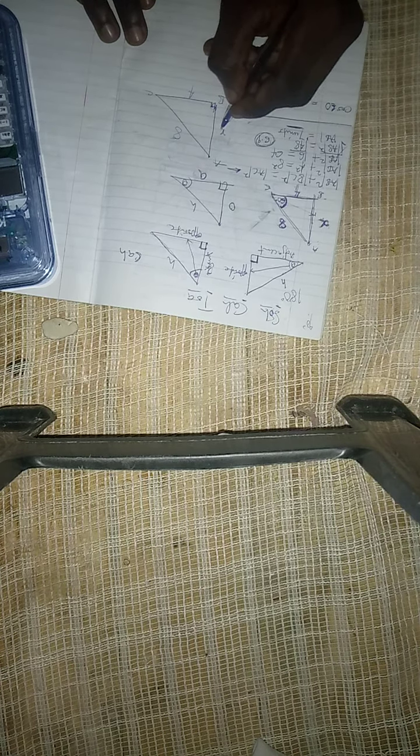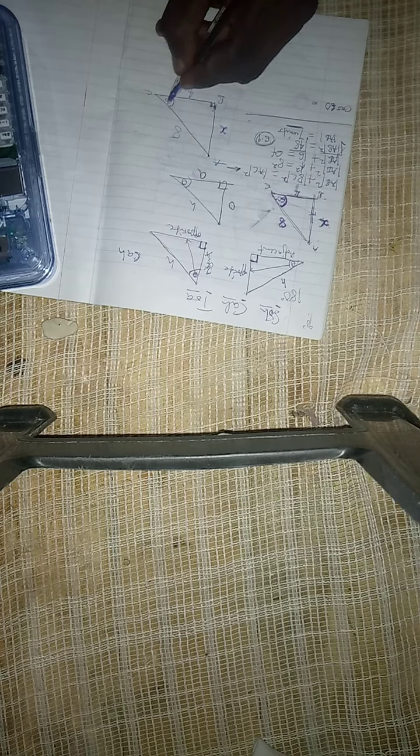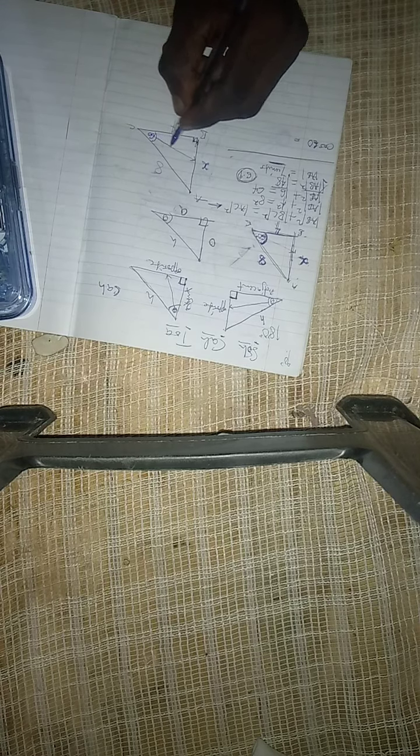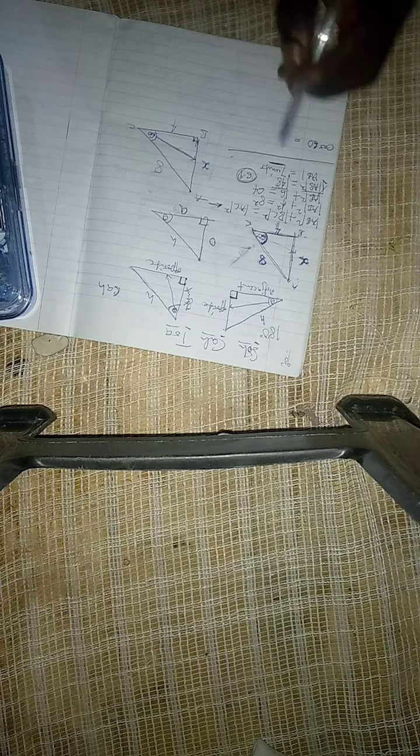Let's say this side, length AB, is X. Here is given as 60 degrees. So we can use Pythagoras theorem or trigonometrical ratio. This is opposite because the angle is facing this side. So we want to find AB.